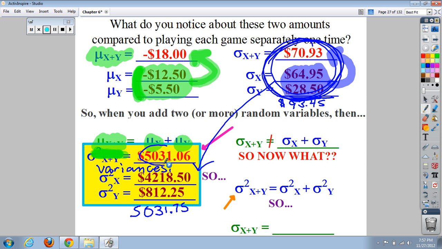Now notice this and this, they're close, but are they exactly equal? They're not. Okay? Now, technically they should be equal. What's preventing them from being exactly the same? Well, this $70.93, this $64.95, and $28.50, those weren't exact values.